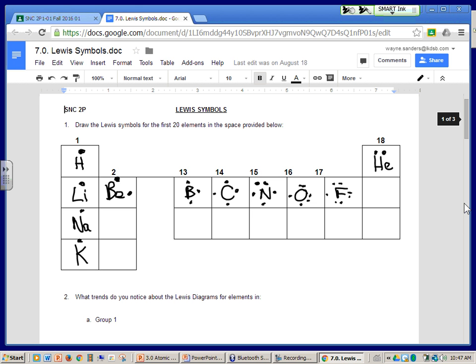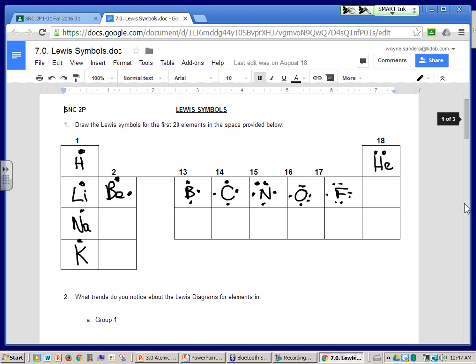When we pair them up, we call them pairs. Fluorine has 3 pairs and 1 lone electron. When we start talking about bonding, fluorine is going to look for an extra electron to fill that pair, because atoms like to have pairs of electrons.